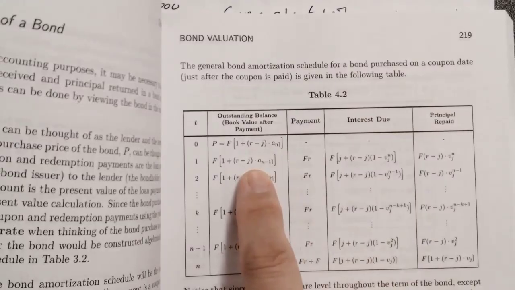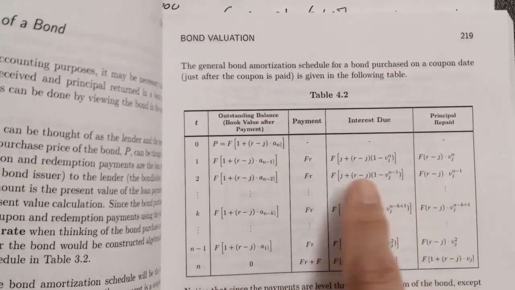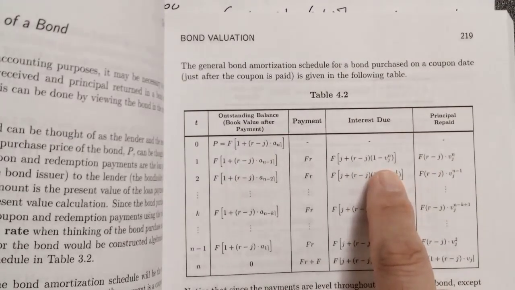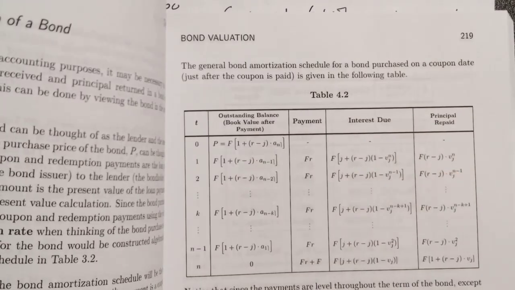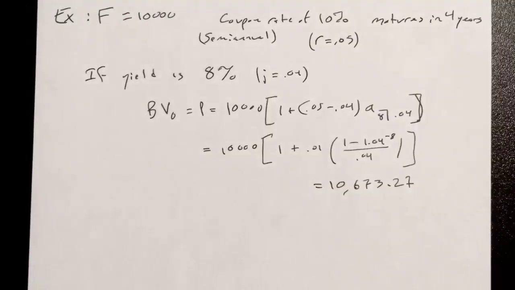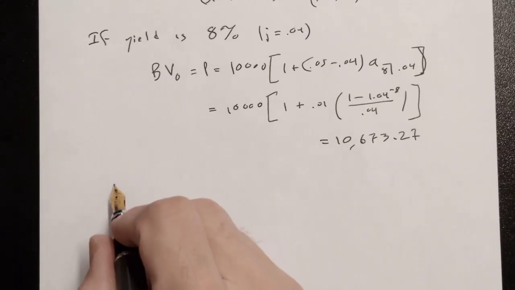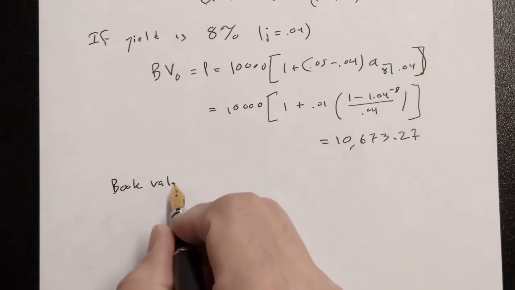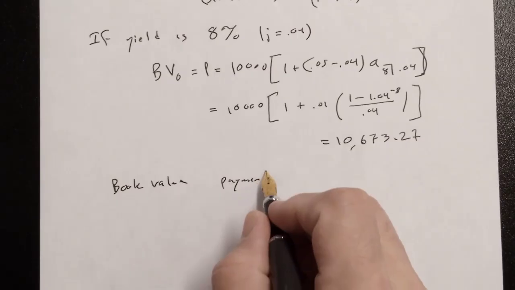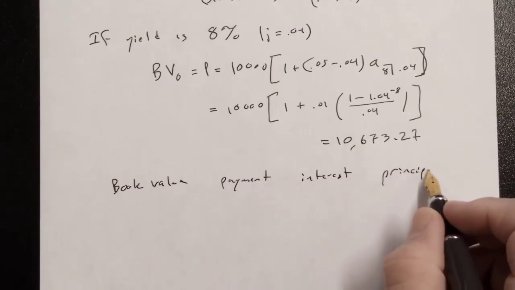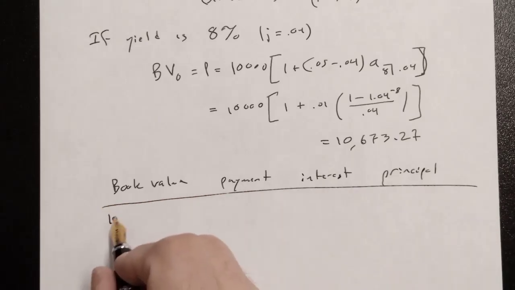A period later, we'll have another book value, but I'm going to calculate it this way. We'll make a payment. Some of it will go to interest. Some of it will go to principal. I'm going to make my first payment.